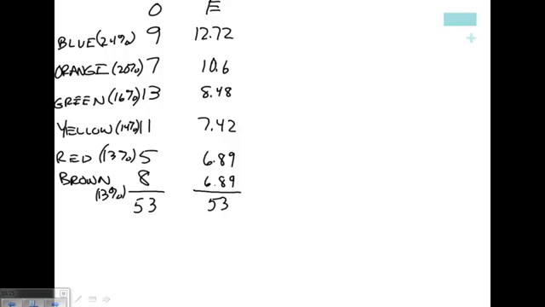But anyway, there's my numbers. You're going to have to do it with your numbers based on your total number of M&Ms. 24% of 53. So this number here is indeed 24% of 53. Each one of these is the total number of M&Ms multiplied by the proportion that the model says it should happen.